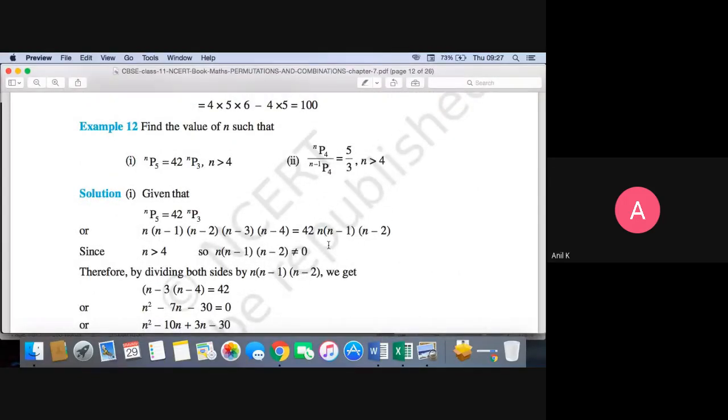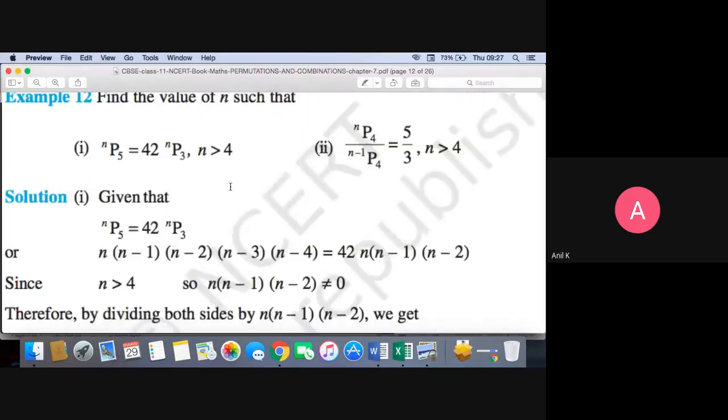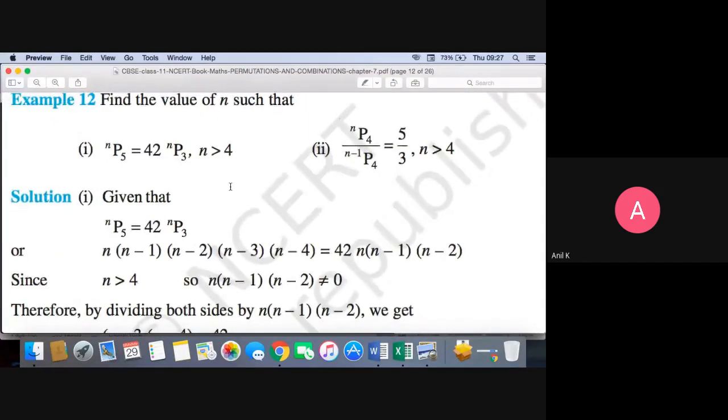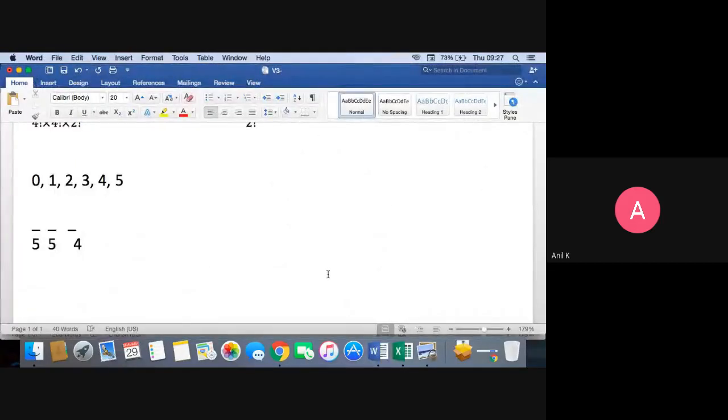We have to find the value of n such that nP5 equals 42 into nP3. So what I do here is write the nP5 formula. This is example 12. So the LHS is given as nP5.